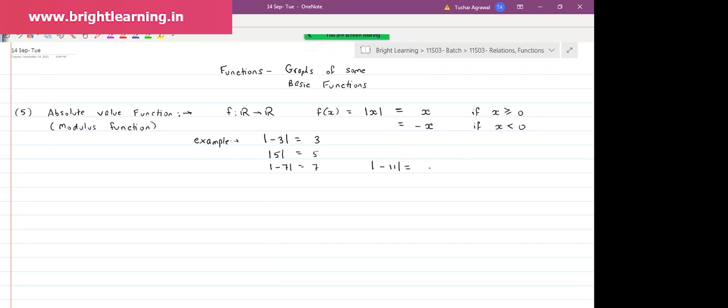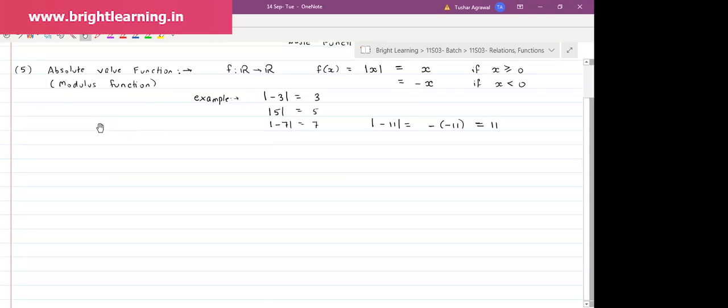Since x is negative, we take minus of minus 11, so ultimately the answer is positive. Understood the definition? This is just a way of writing mod x equals x if x is greater than or equal to 0, and equal to negative x if x is less than 0. Okay. So this is the definition. And now the graph of this function looks something like this.